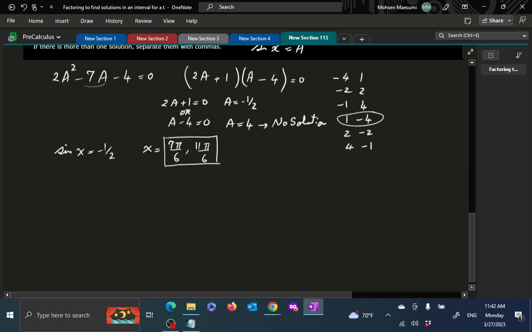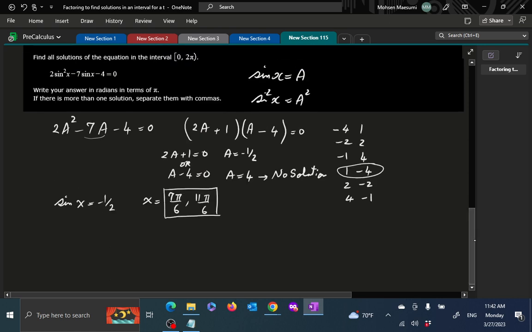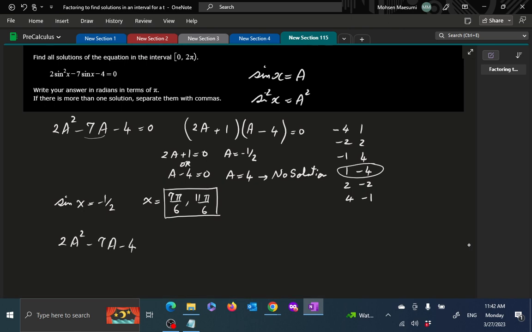Now we said let's do it in other styles as well. Other style would be what? 2a squared minus 7a minus 4. What if our factorization by trial and error was much lengthier, or perhaps it wasn't such nice numbers? Perhaps the factorization doesn't give you whole numbers all the time.